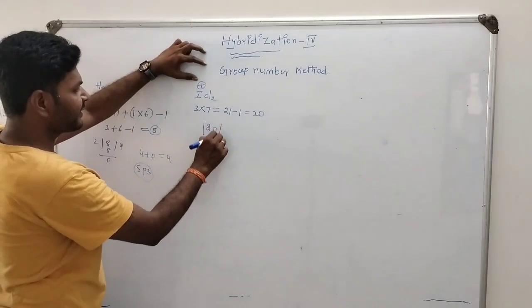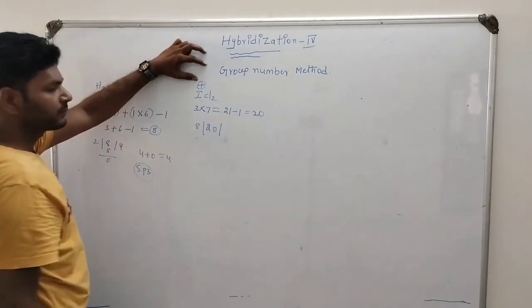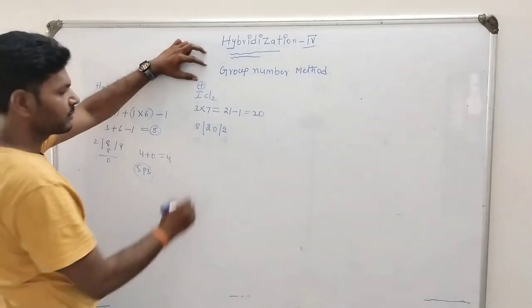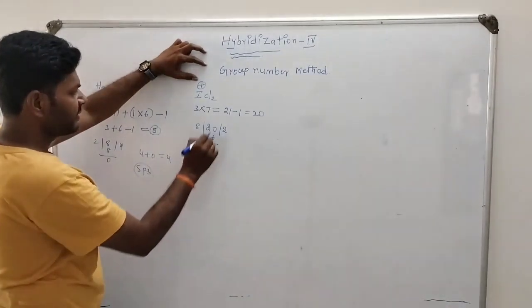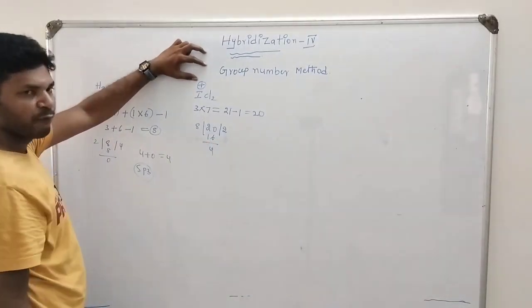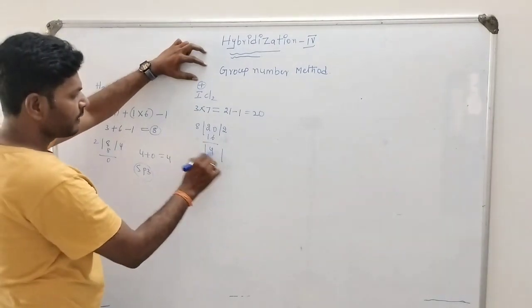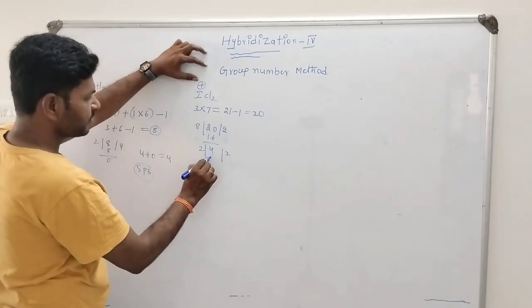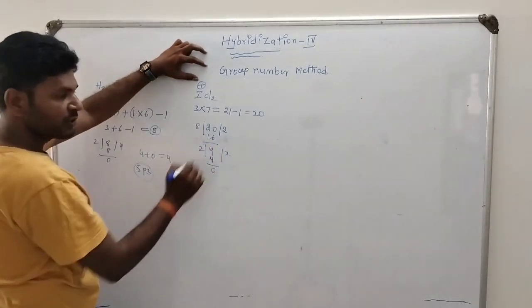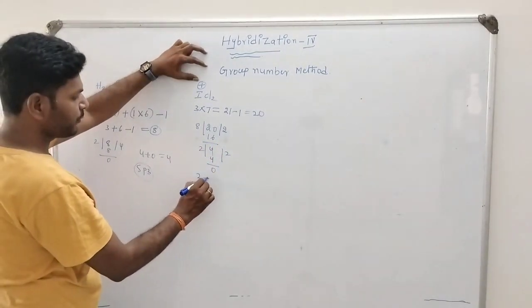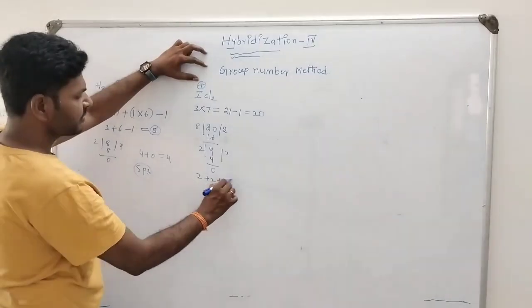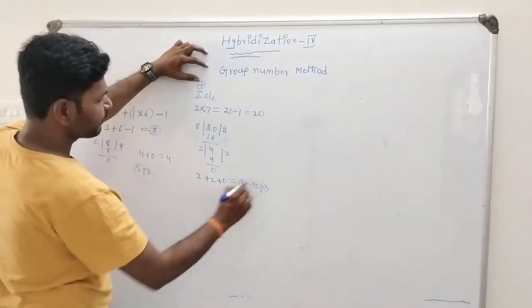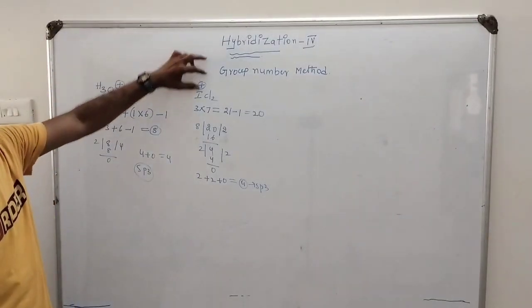We will divide with 8. So here 2 times 16. So now here we got 4. Again we need to divide with 2. 2 times 2 is 4, remainder 0. So 2 plus 0, 4. 4 means sp3 hybridization.